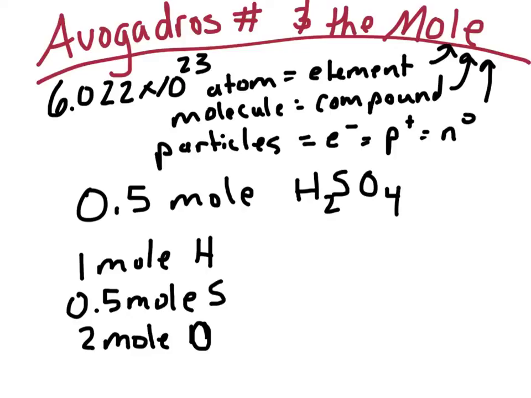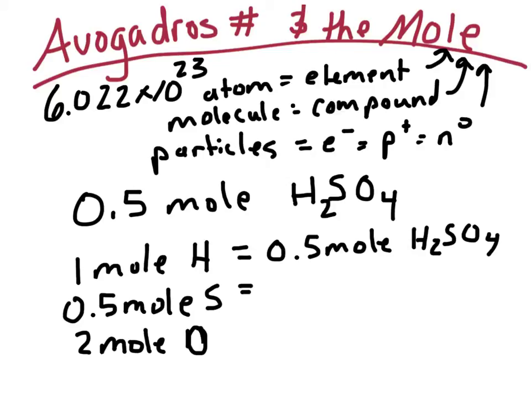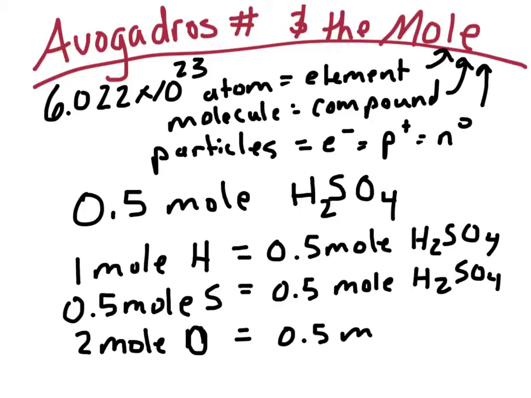Now each of these are equal to 0.5 moles of H2SO4. So I can set up conversion factors or fractions using any one of these three equalities to convert back and forth between anything that I want to, from a molecule to an atom.